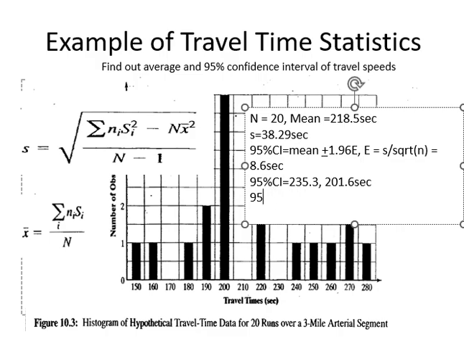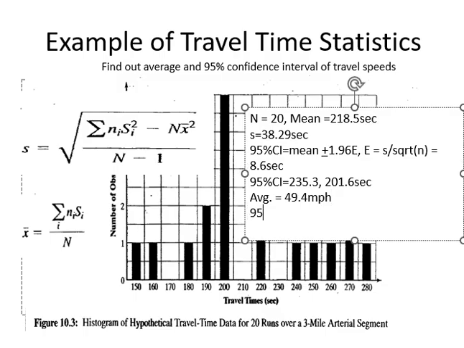Sorry, we start with average speed. How much is the average? Average speed, 49.4.